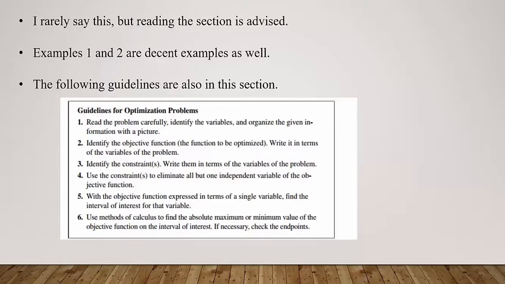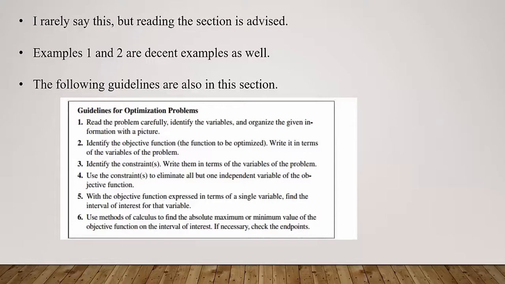Number 5, write the objective function expressed in terms of a single variable. And sometimes you're going to have to find an interval of interest for that variable, because, and this is the key thing, it brings in everything we've discussed. If it's a closed interval, we know how to find the absolute max and absolute min on a closed interval by using the 5-step process we saw earlier in the chapter.